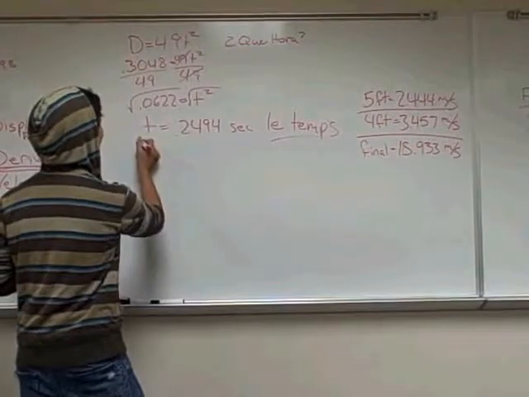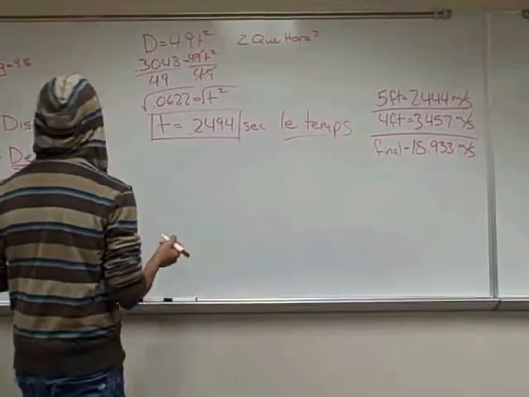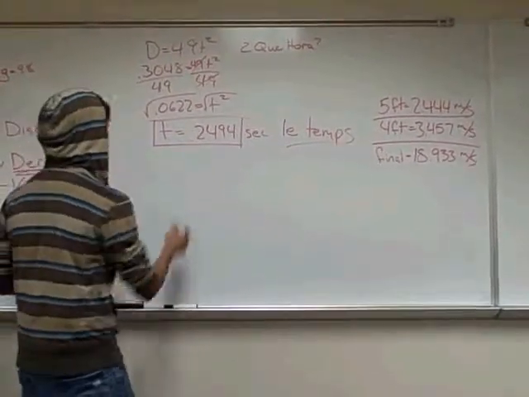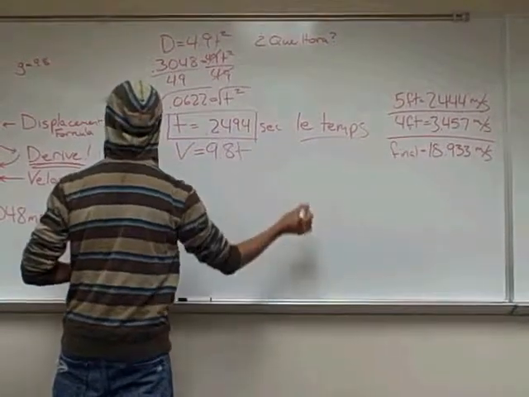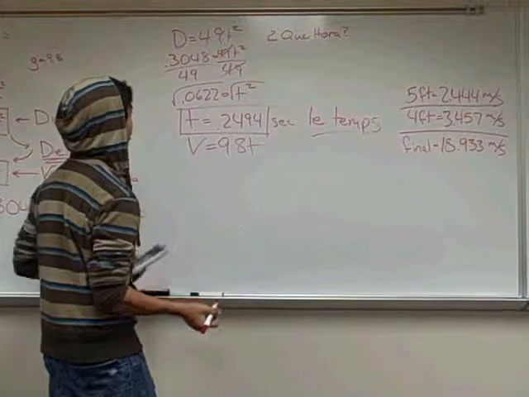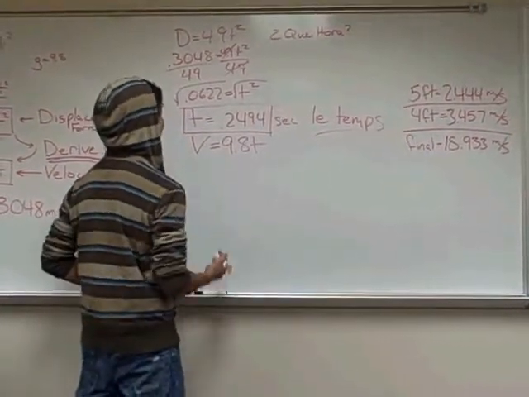Okay, now we have the time. So we can go straight to our velocity formula, which was v equals 9.8t. And simple as that, just plug in t.